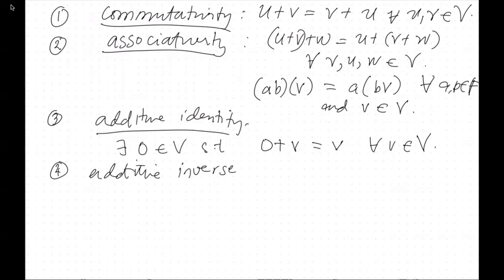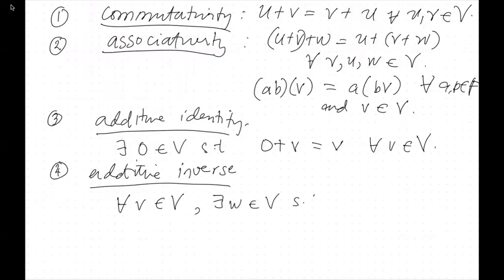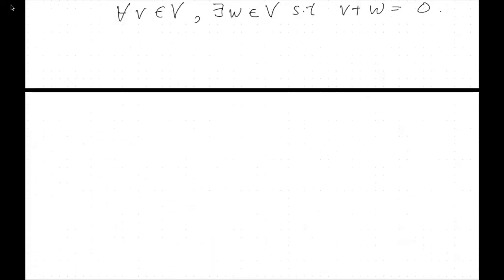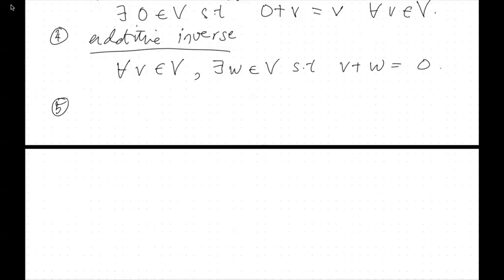Remember that when you're defining additive inverse, you should have the additive identity defined first. So for all v in the vector space V, there exists an element w in V such that v plus w is equal to 0, the additive identity.